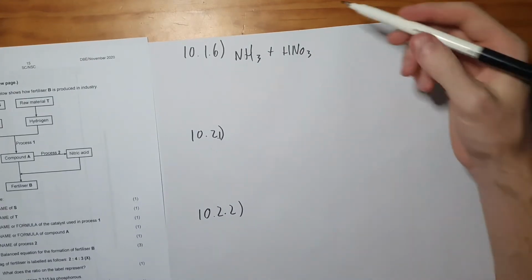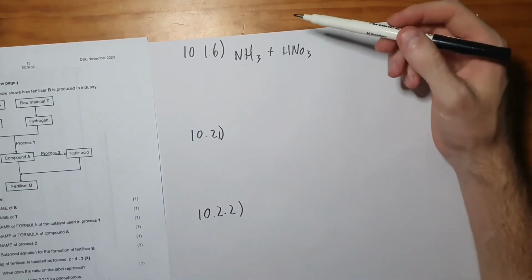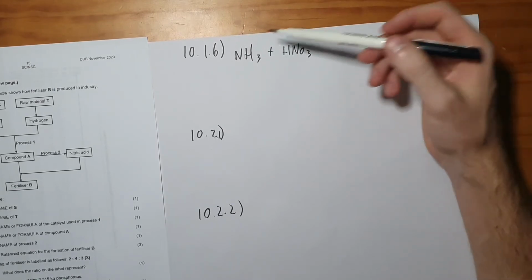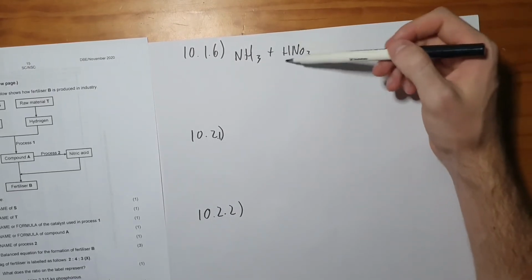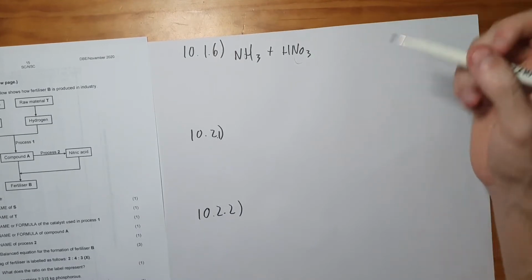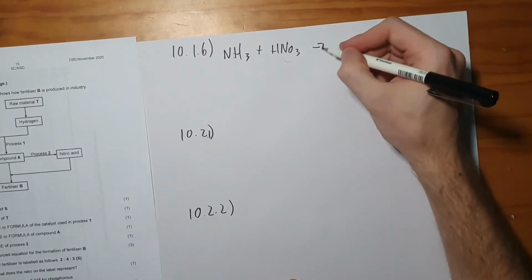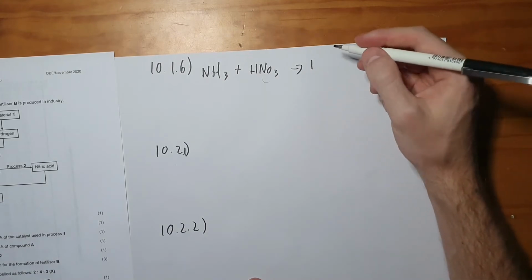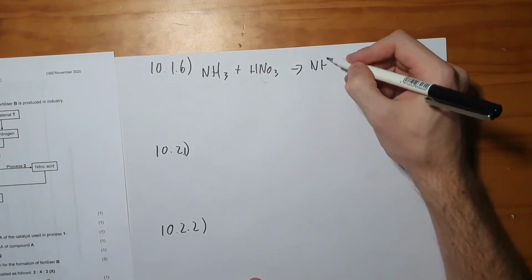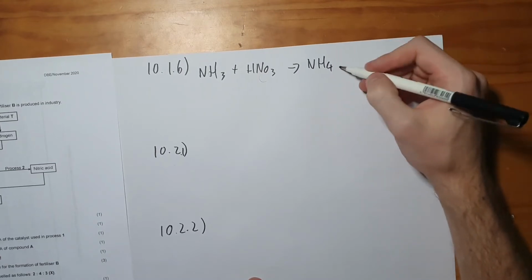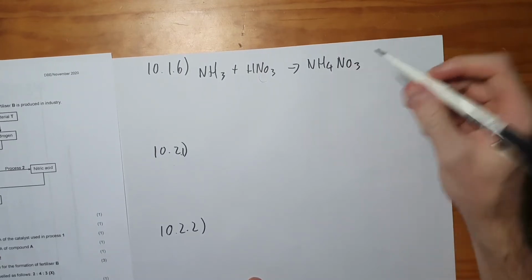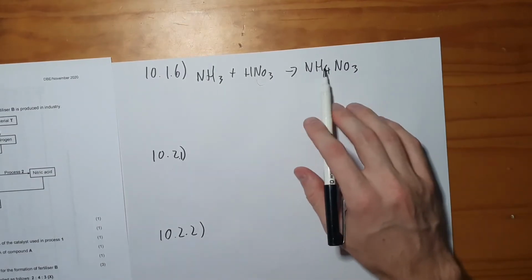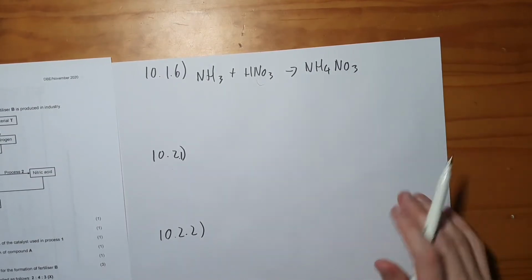Now we have to make sure everything is balanced. I've got 2 nitrogens, 4 hydrogens, and 3 oxygens. So my final product is NH4NO3: 2 N's, 4 hydrogens, and 3 oxygens.